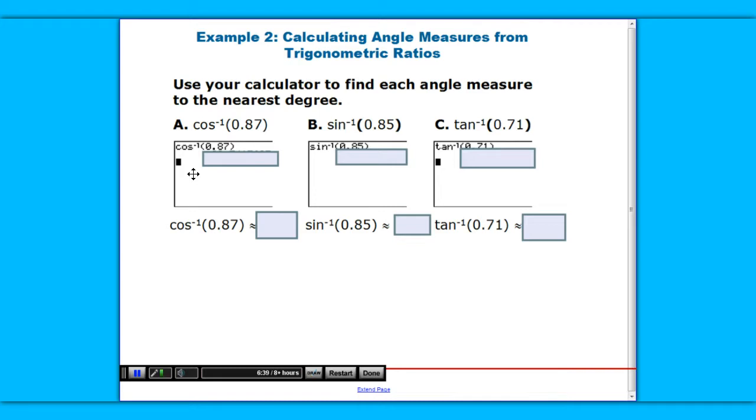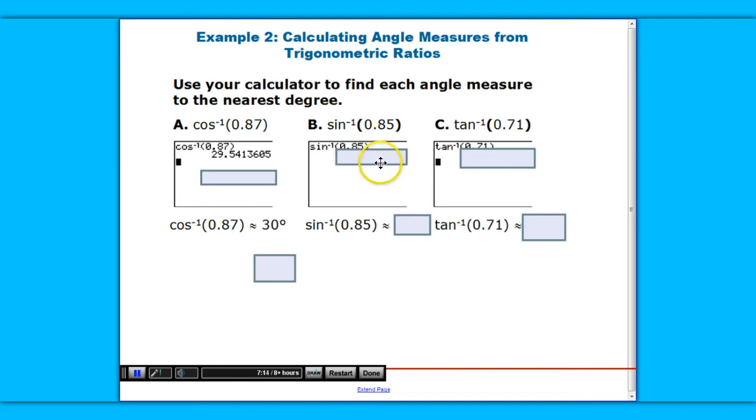And because that's all we have, you don't even have to close the parentheses. Just simply press enter. And when you do, you end up with a more precise answer than the nearest degree. If we're going to round this angle to the nearest whole degree, then 29.5 would round to approximately 30 degrees. Okay? And we just simply do this with each. So again, you press second function sine, and you get the inverse sine for a ratio of 0.85, and press enter.